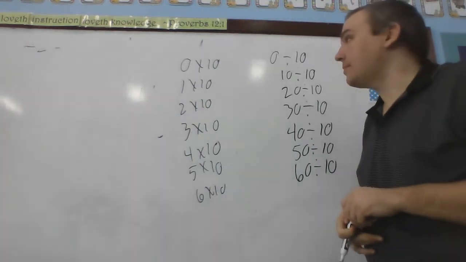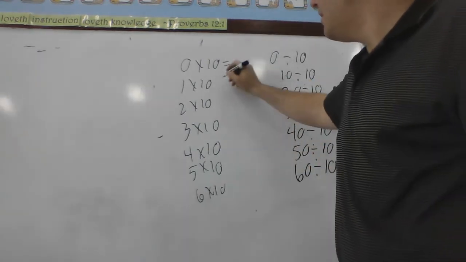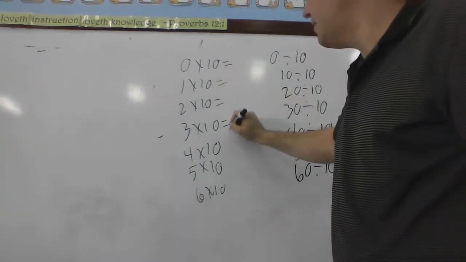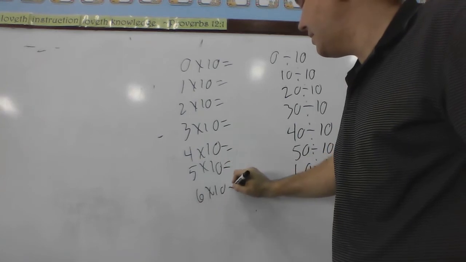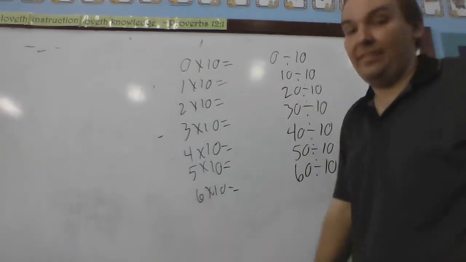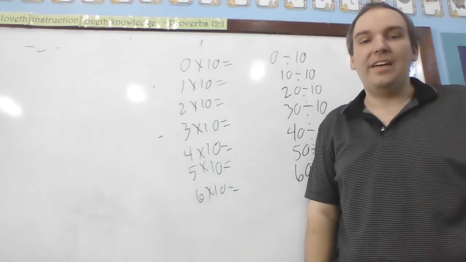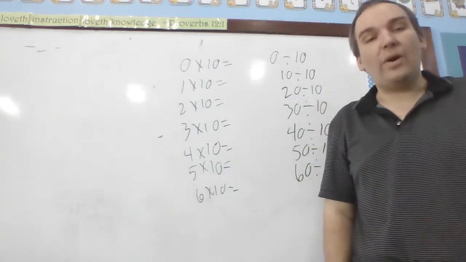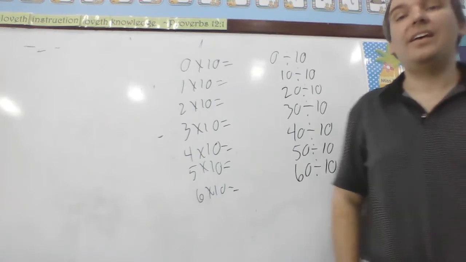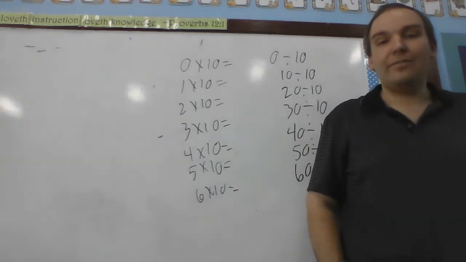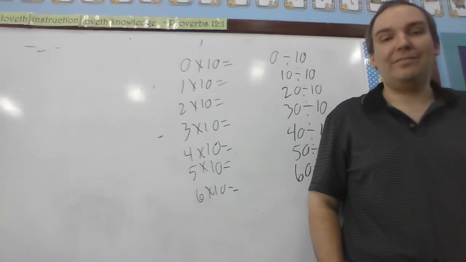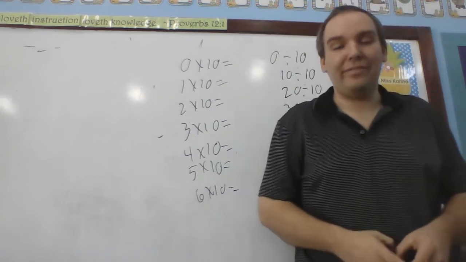Well, first we have 0 times 10. Well, 0 times anything is easy. If I have nothing and I want to put it in 10 groups, how many will I have?